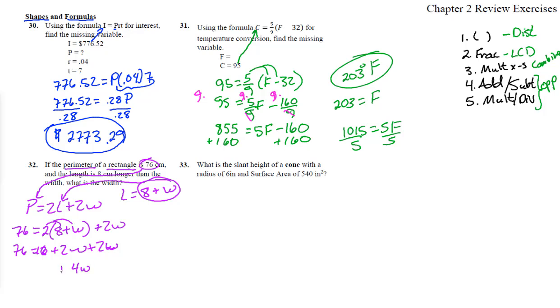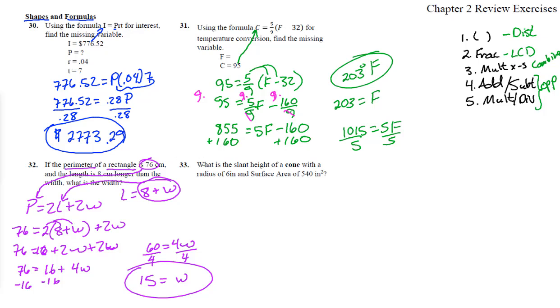That's 4W plus 16 equals 76. And get rid of any addition or subtraction. So minus 16, and we get 60 equals 4W. Step number 5, multiplication and division. Divide off the 4, and we get W equals 15. Excellent.